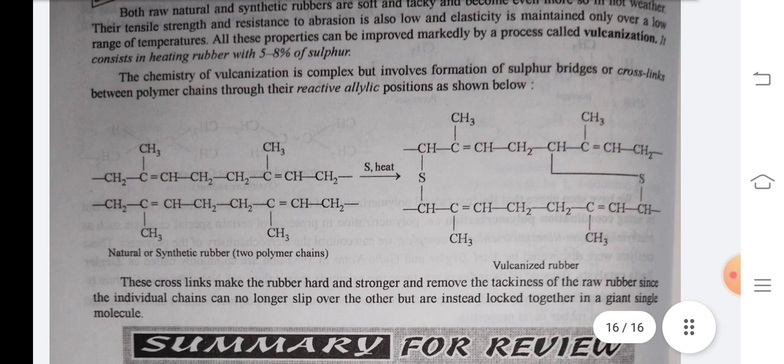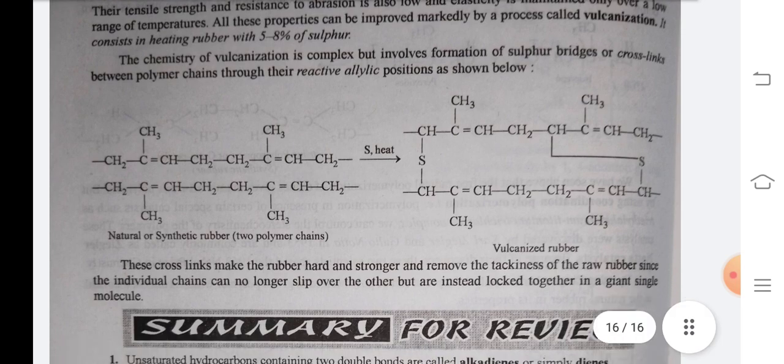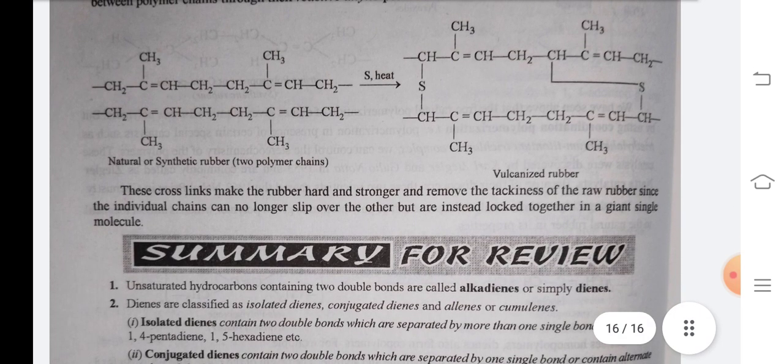The chemistry of vulcanization is complex but involves formation of sulfur bridges or cross-links between polymer chains through their reactive allylic positions. These cross-links make the rubber hard and stronger and remove the tackiness of the raw rubber since the individual chains can no longer slip over each other but are instead locked together in a giant single molecule.